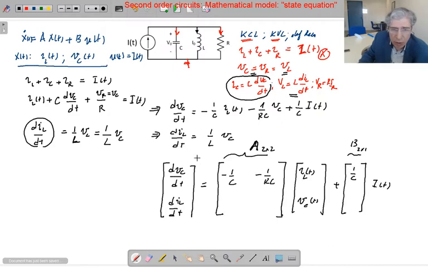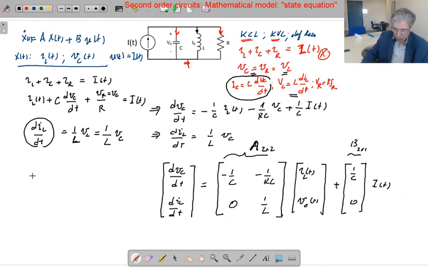For the second one, the IL(t) coefficient, since it is not seen in this equation, is going to be 0. VC coefficient is 1 over L. And since we don't see i(t) in this second equation, I'm going to put 0 here.